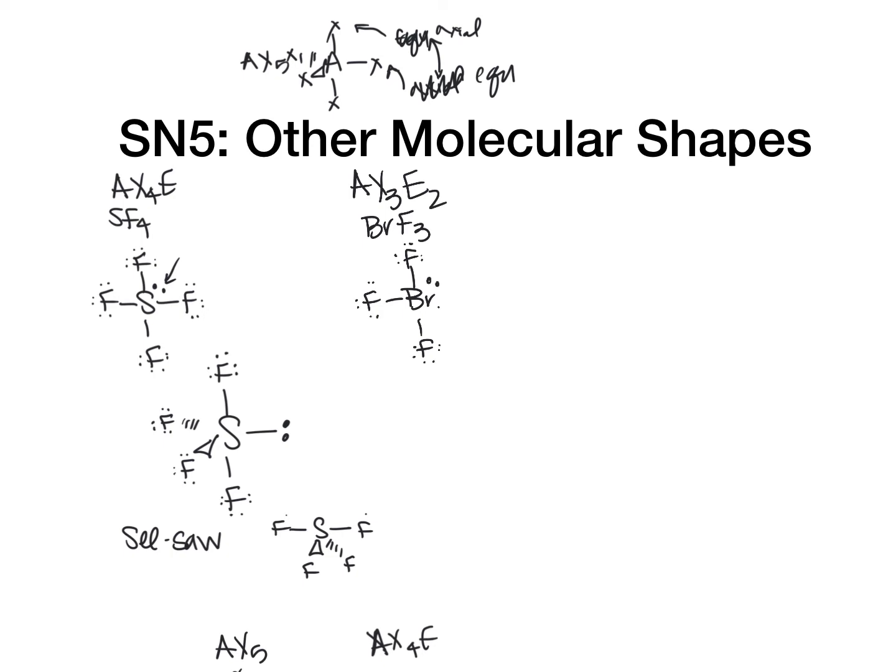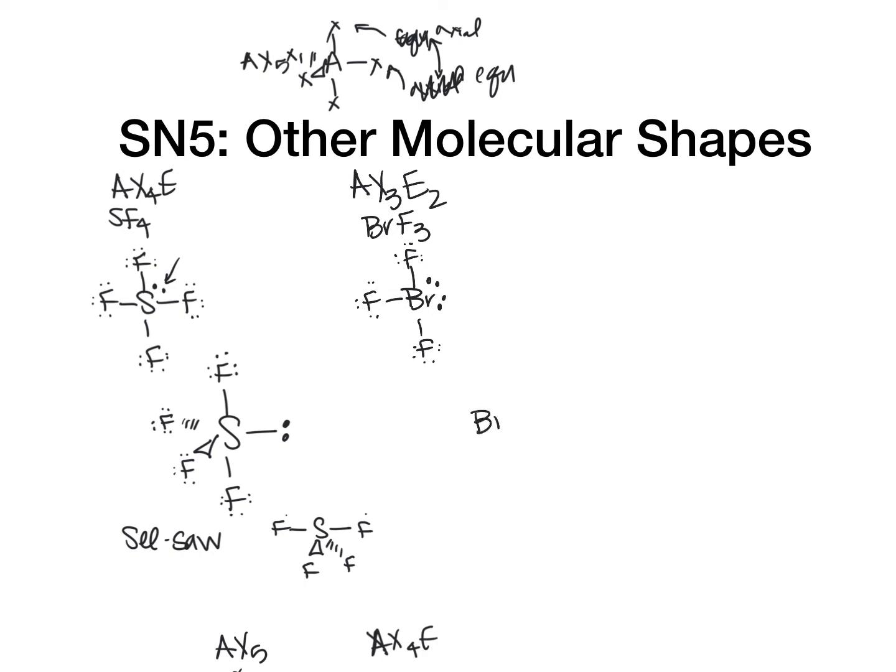And bromine actually has two sets of lone pairs on it. So these lone pairs need to be as far apart as possible. It turns out that the furthest apart they can be is actually going to be in the equatorial plane, even though it feels like it could also be in the axial plane. But what we have found experimentally is that the structure looks like this.